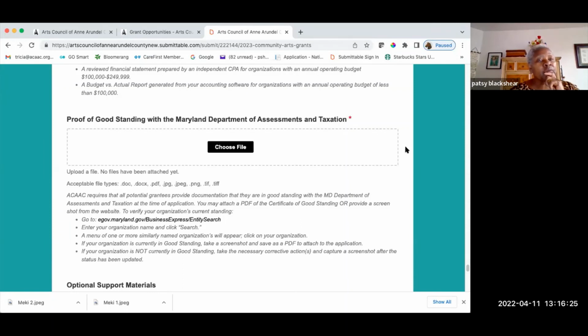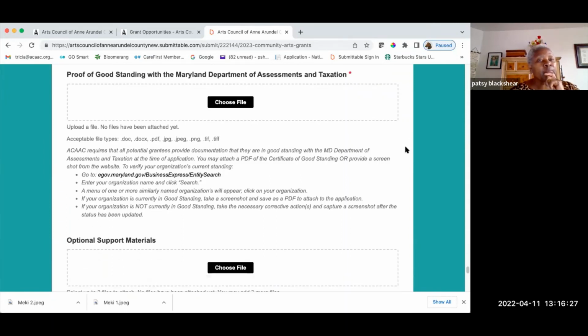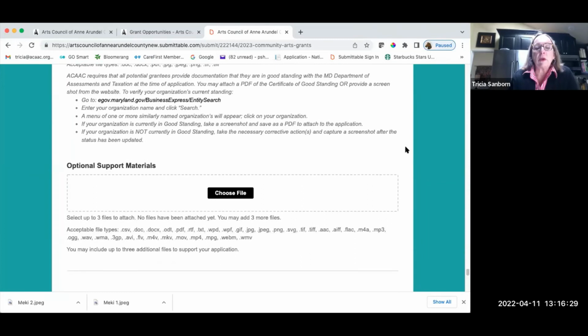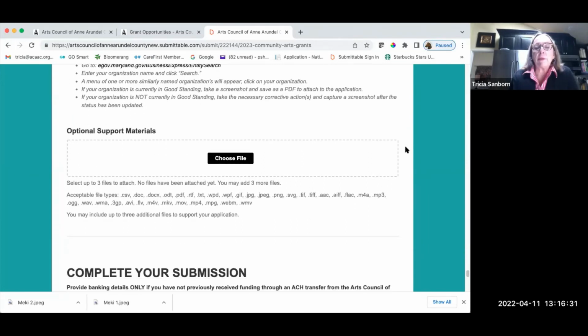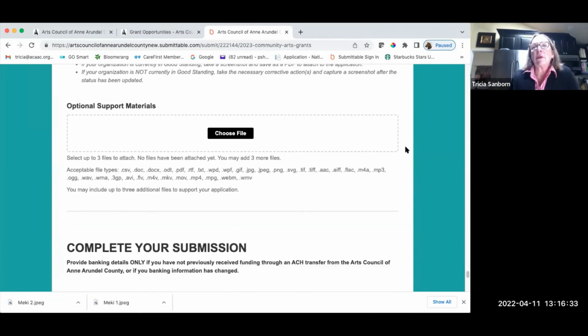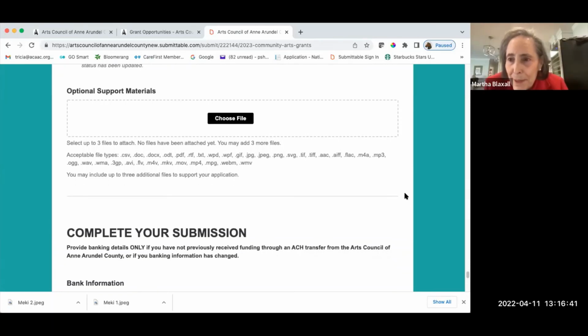Okay, great. And down here, you can upload additional support items. There is the opportunity to include up to 3 down here. By the way, some people sometimes include a short video of something or photos. That's fine.